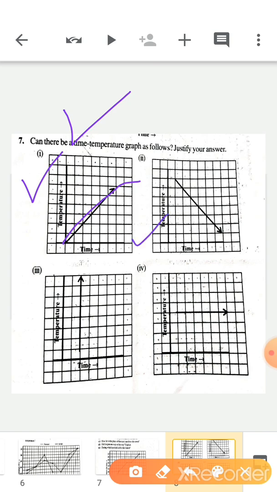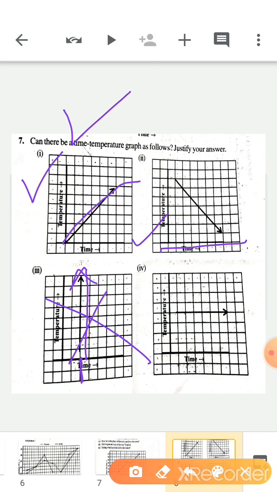Second, in this, with time the temperature is decreasing, so this is also a time-temperature graph. Third is not possible, because at one time the temperature is increasing, and at the same time different temperatures cannot be possible, so this graph C cannot represent a time-temperature graph.